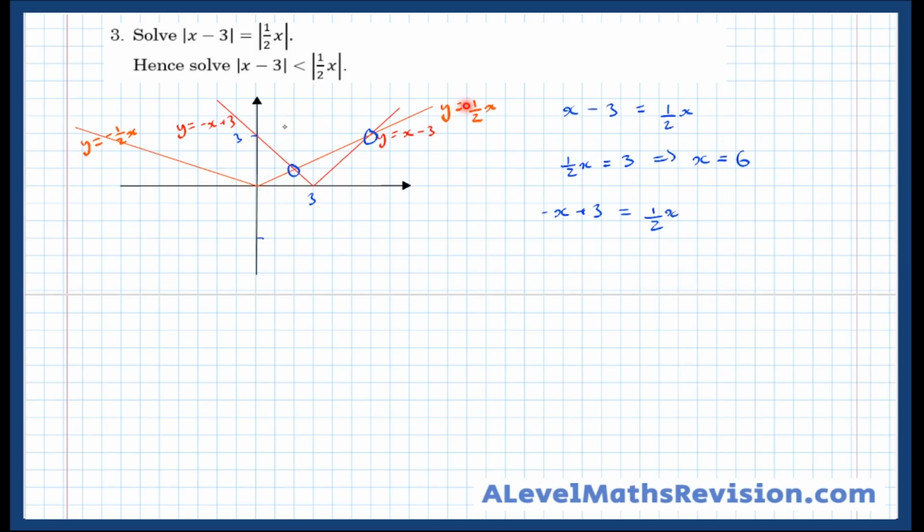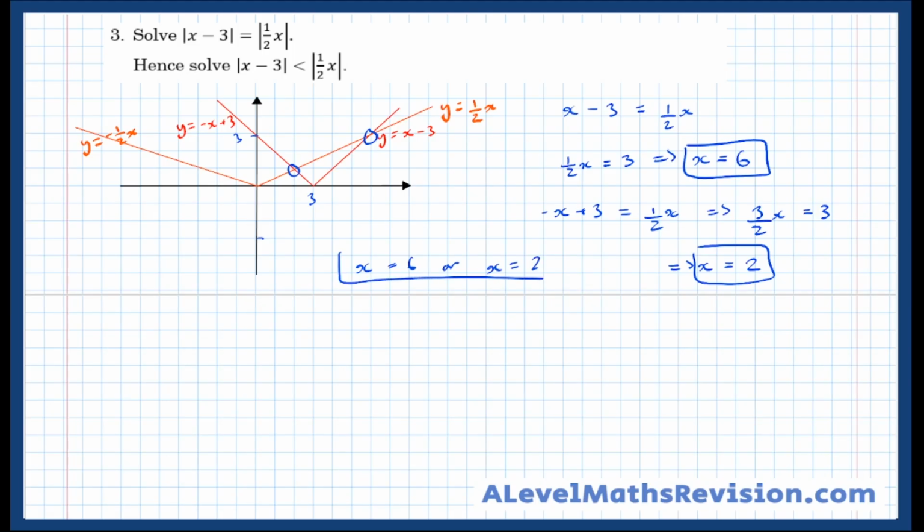That's the half x graph, and that's the minus x plus 3 graph. Which means that 3 halves x equals 3. Which means that x equals 2. So there's the two solutions there, x equals 6 or x equals 2. So concluding, x equals 6 or x equals 2 are the solutions.